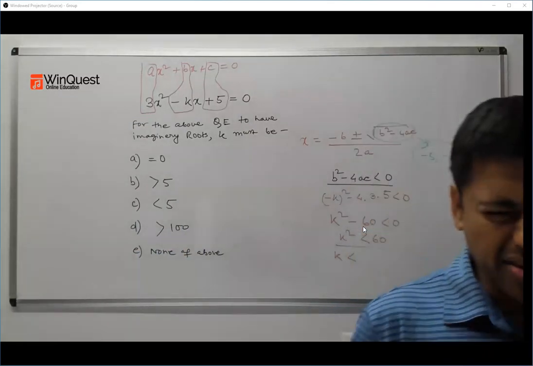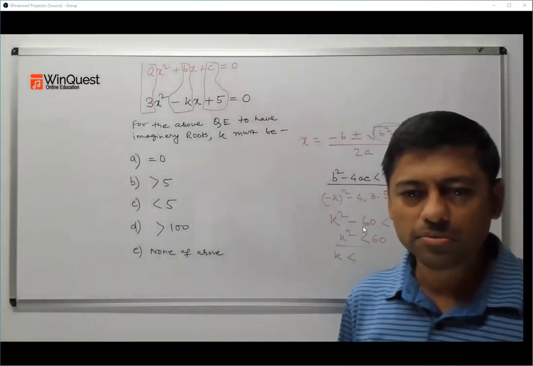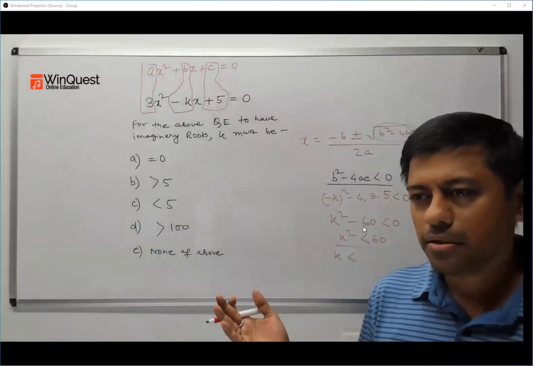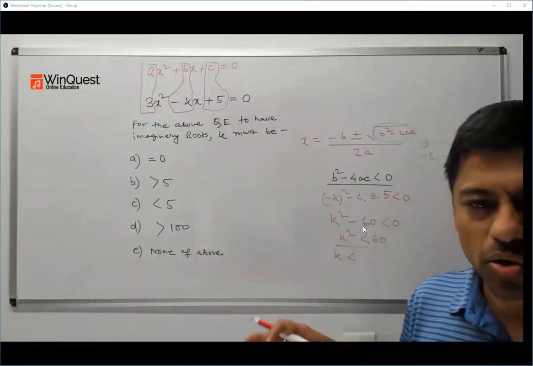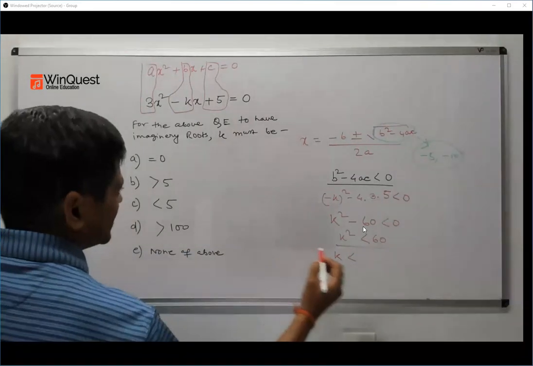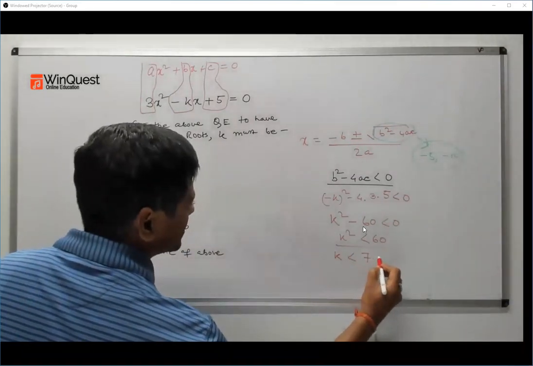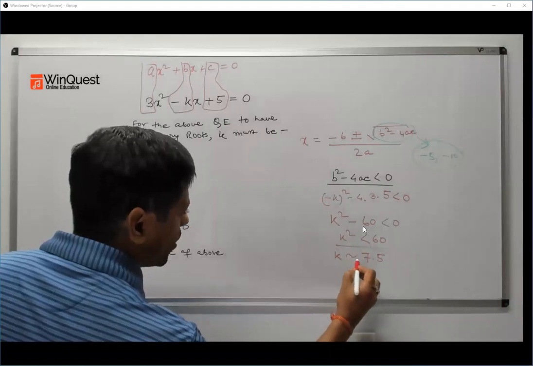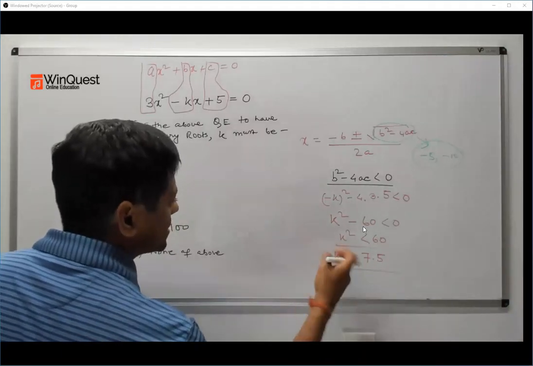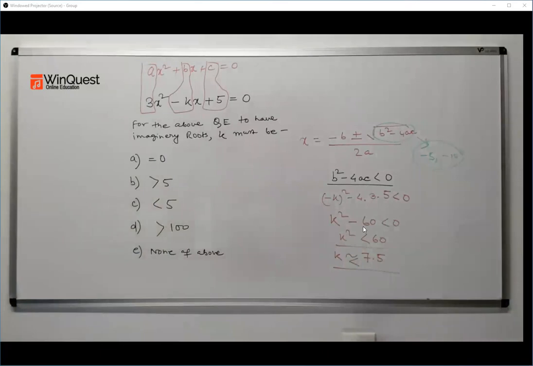I can say around 7.5. It's not exactly 8, but less than 8. Somewhere approximate, so k is approximately less than 7.5. Are we all clear?